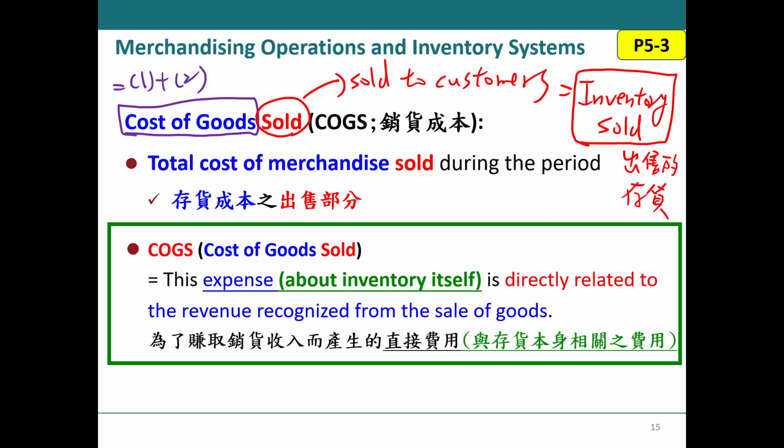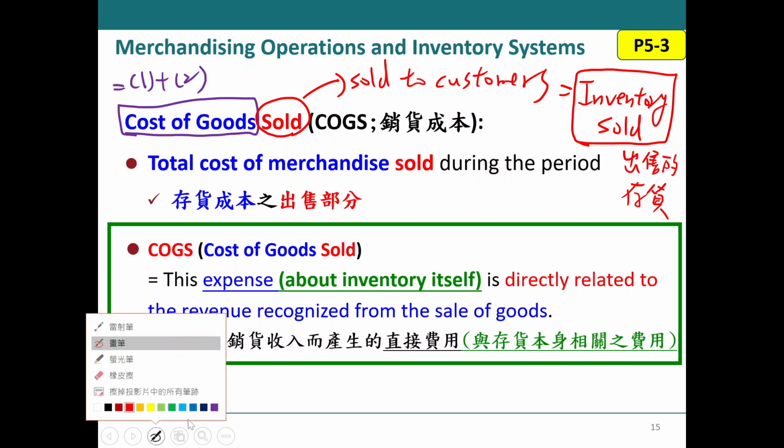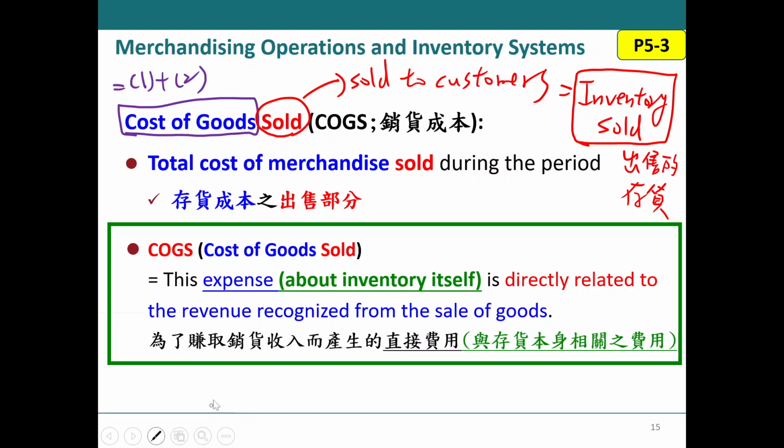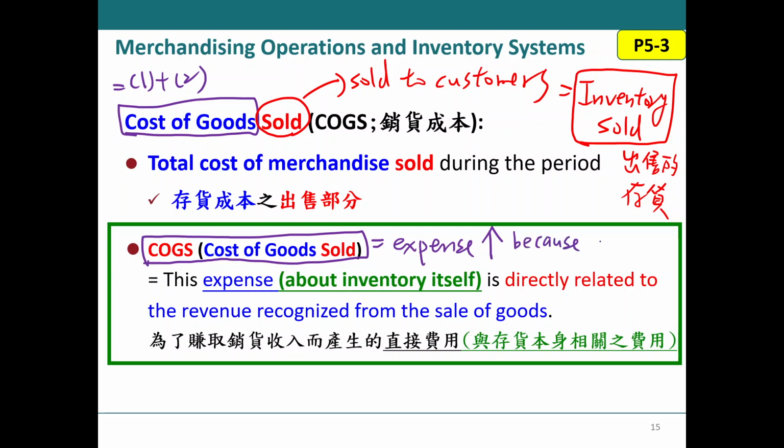So for inventory we sold to customers, don't forget, cost of goods sold is our first expense. But for the first expense, cost of goods sold, we only talk about inventory. We only talk about the expenses incurred because of inventory, 因为存货产生的费用.